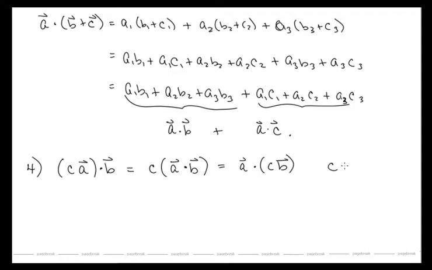So keep in mind here that now c is a scalar in this property. Here we had c as a vector, and that was clearly noted with the vector hat. Now here we're talking about c being a scalar.